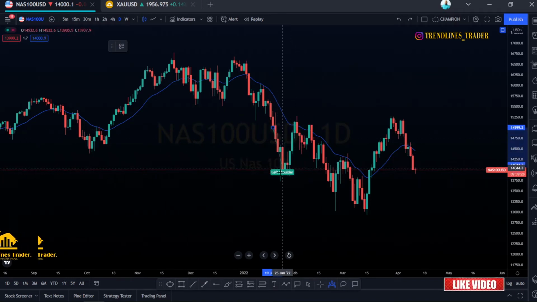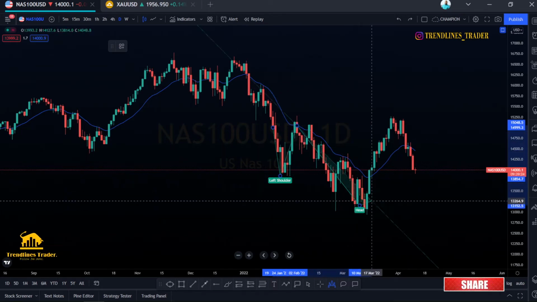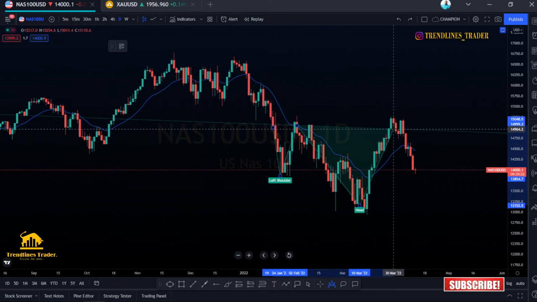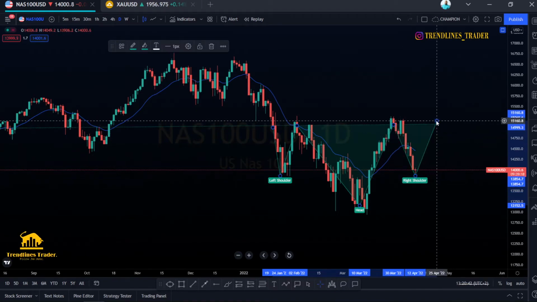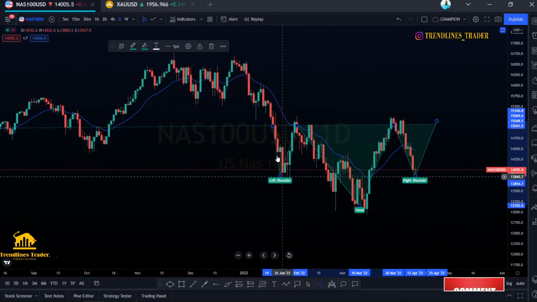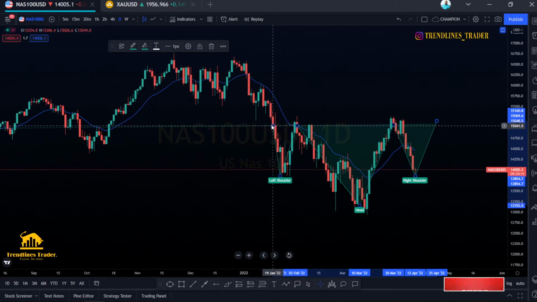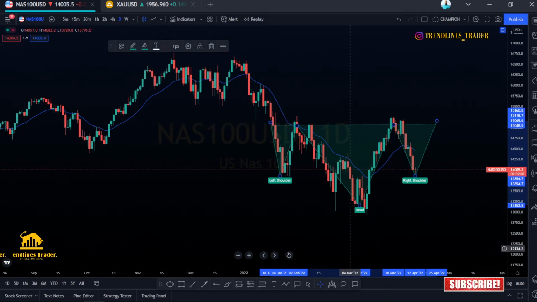My left shoulder, come on, left shoulder. Yes, this looks like my left shoulder, and we are about to witness the right shoulder forming right here. I hope the price will respect our setup and give us this type of structure.